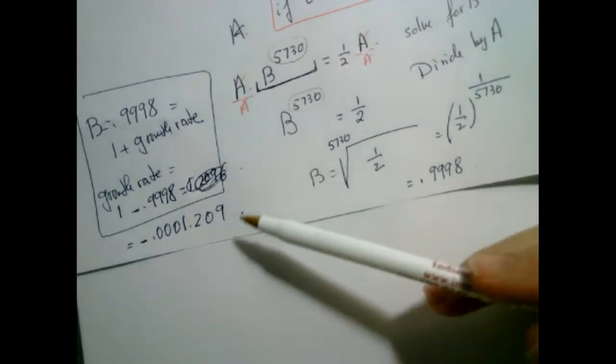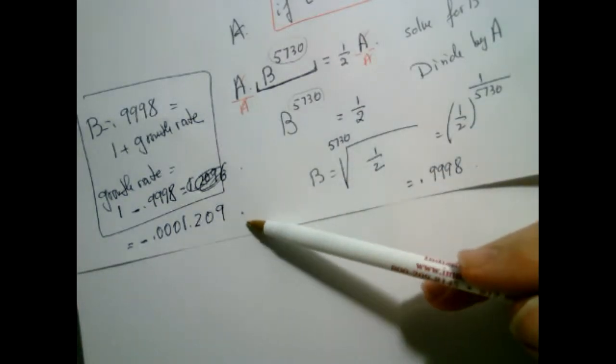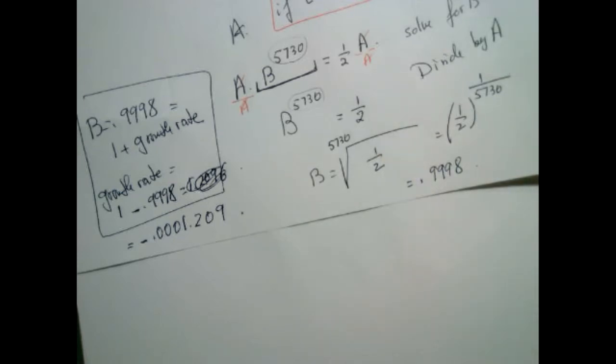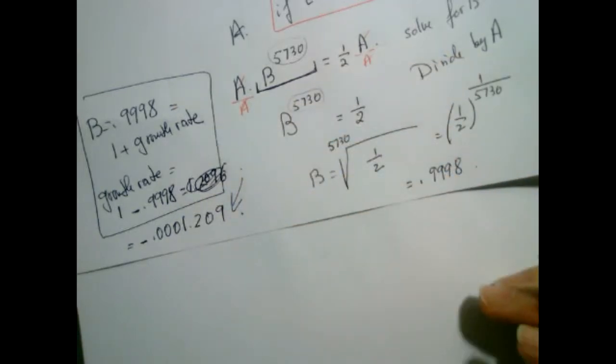That will be the growth rate. It's a very, very small growth rate, because it's taking 5,730 years to be cut to half its value. It means it's going down at a very small rate.